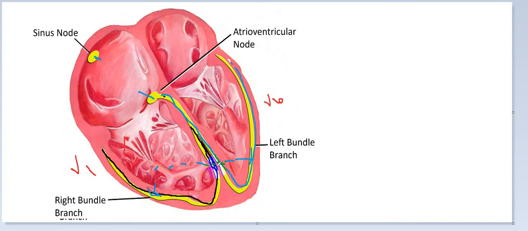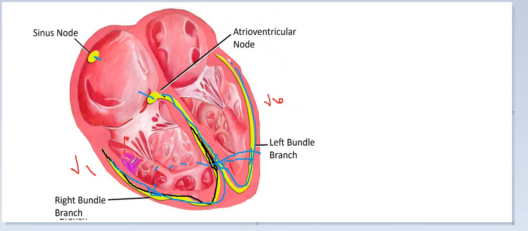Imagine the normal impulse would go to both ventricles at the same time. Now because the right bundle branch is blocked, the impulse goes first to the left ventricle, and after it depolarizes the left ventricle, then it makes its way over to the septum and depolarizes the right ventricle. So that causes a delay.